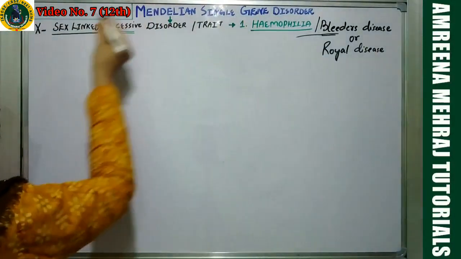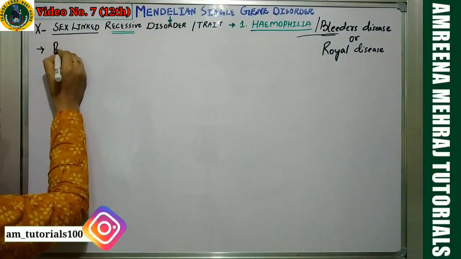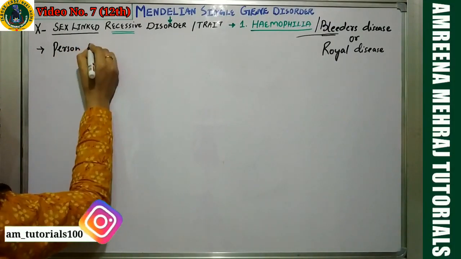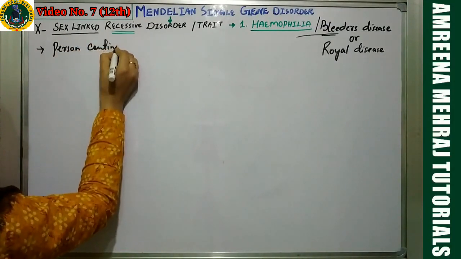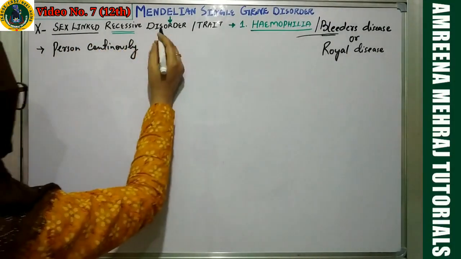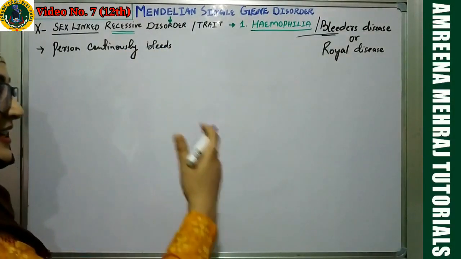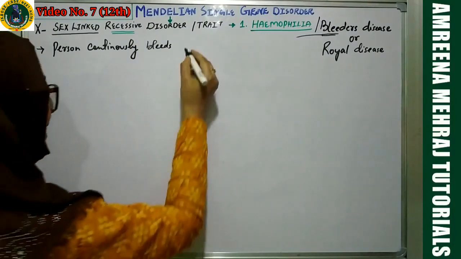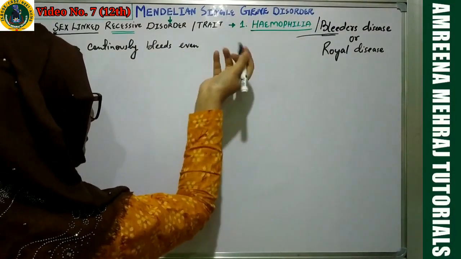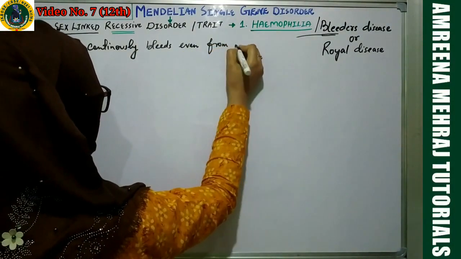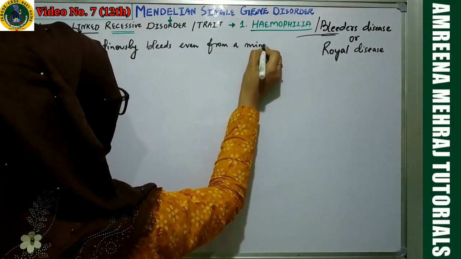In this disorder, my dear students, a person continuously bleeds. That means bleeding keeps on going, even from a minor cut. That is the dangerousness.